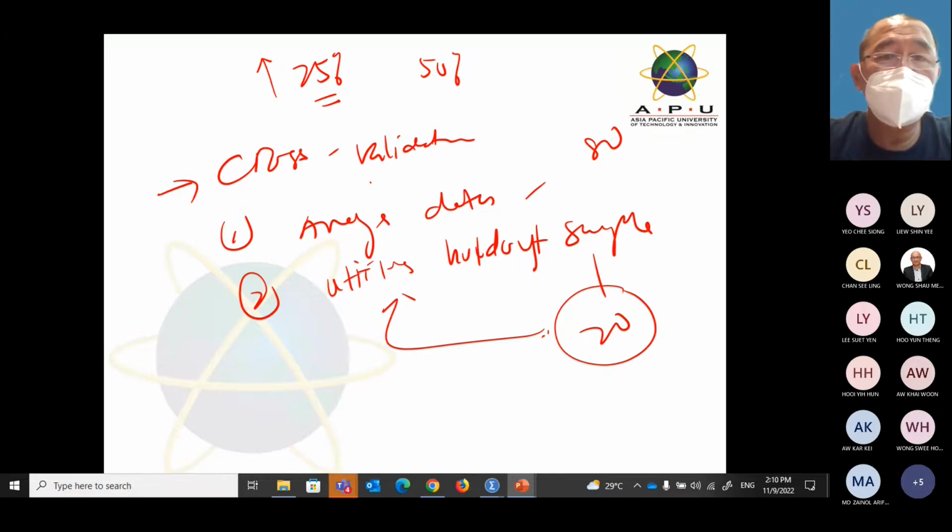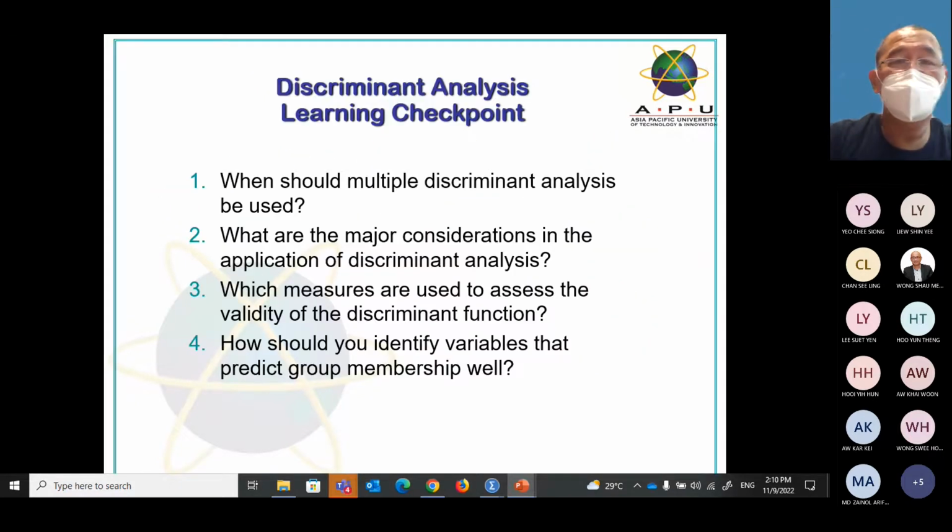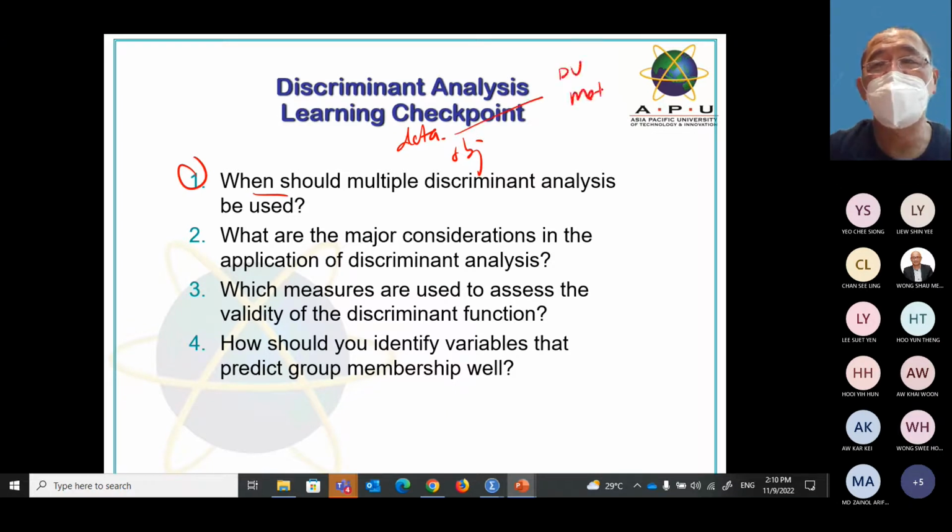Okay, let's see a quick checkpoint. When should we use this? Of course, you must consider your data and then your objective. Data meaning that the dependent must be non-metric, and the independent must be all metric.